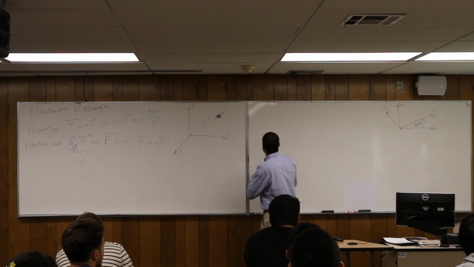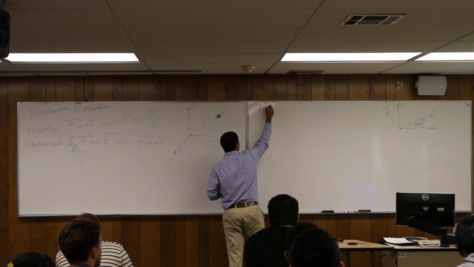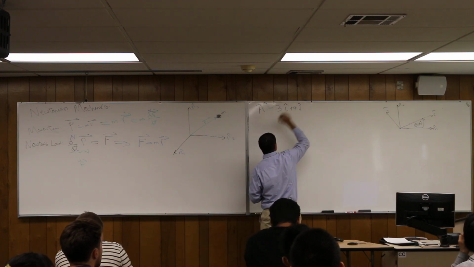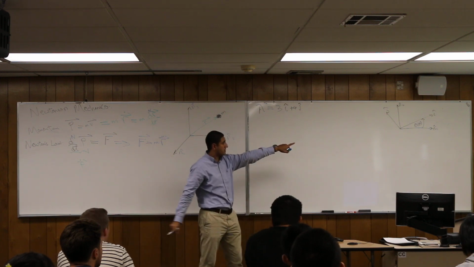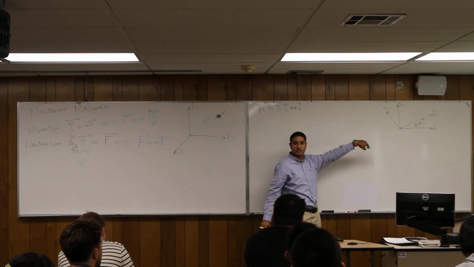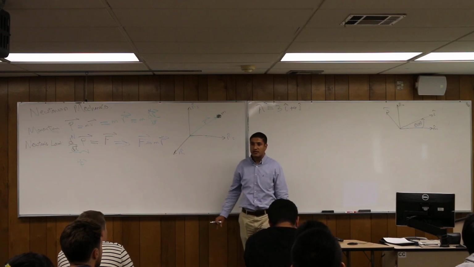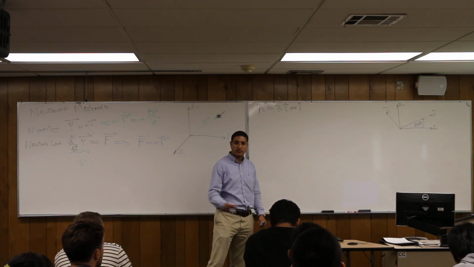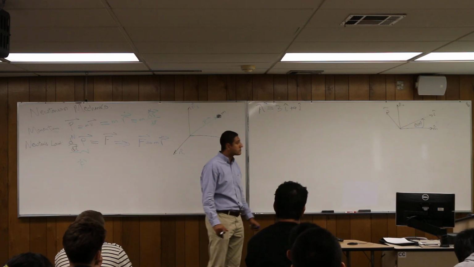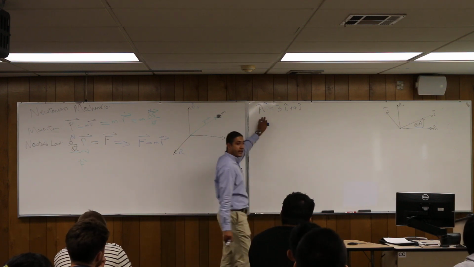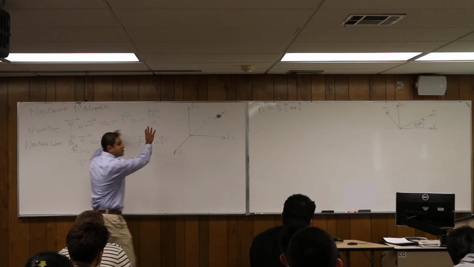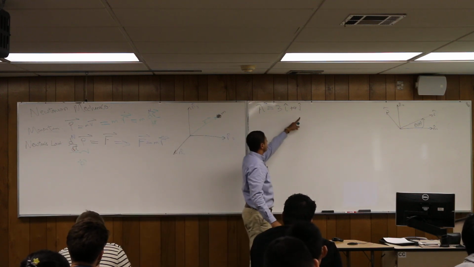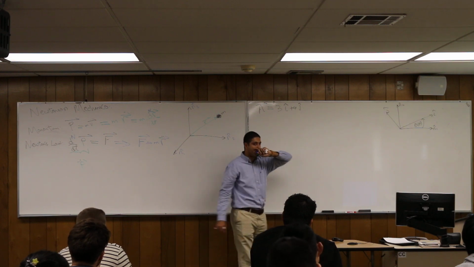And I have a vector A. This vector is 3i plus 4j. Anybody didn't get the description of the problem? I have an inertial frame N1 and N2 fixed, and I have another frame called i, j. It's rotating with respect to that inertial frame. And I have a vector A. The vector could be the velocity, could be position, could be anything. A vector, written in that rotating frame. It's 3i plus 4j.